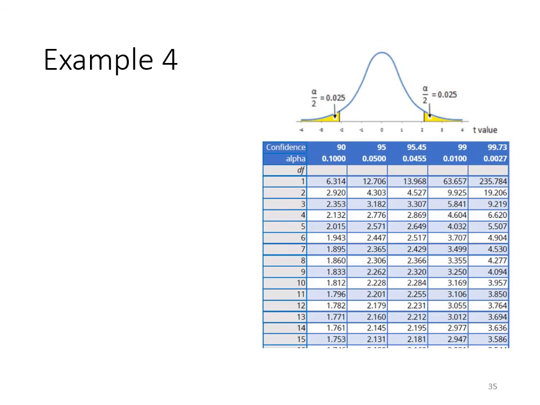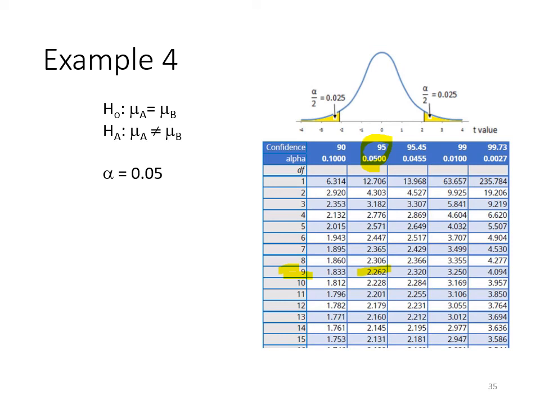I then go to a two-tailed t-test table. Again, I'm looking at the 95% confidence interval. I have 9 degrees of freedom. So I determine a critical t-value of 2.262.